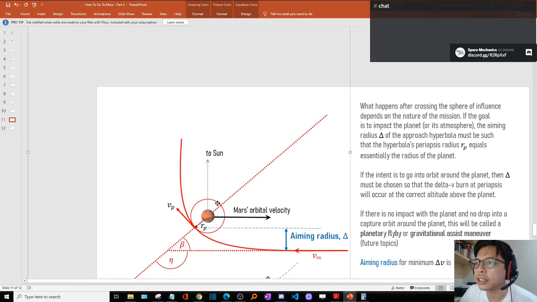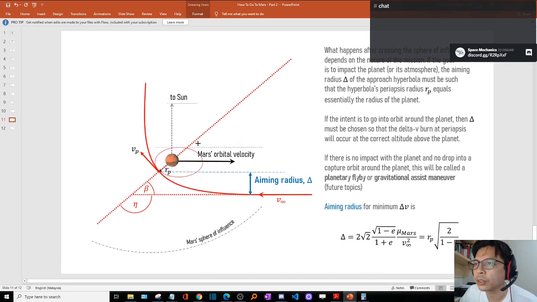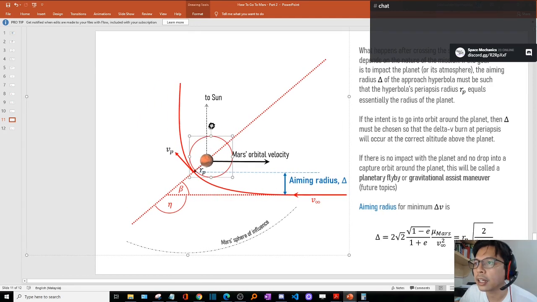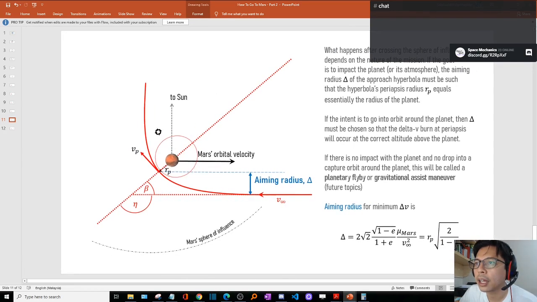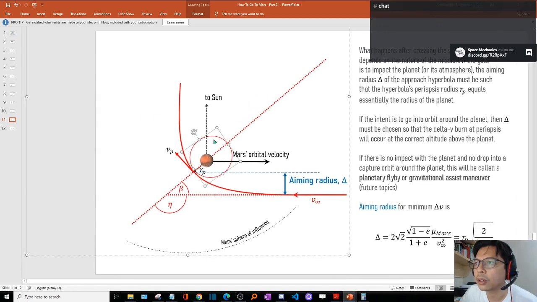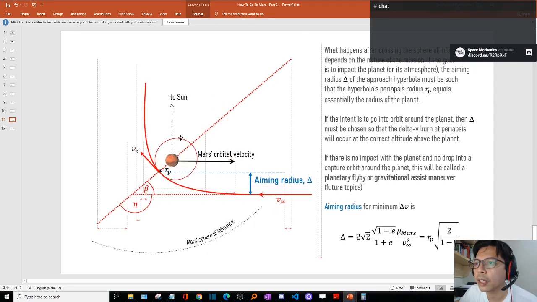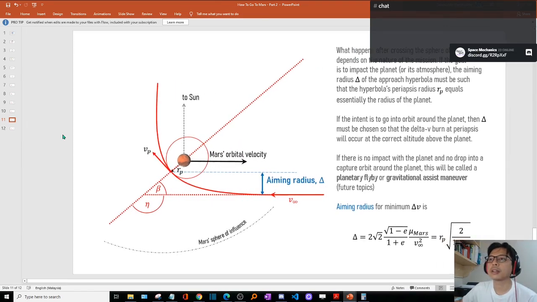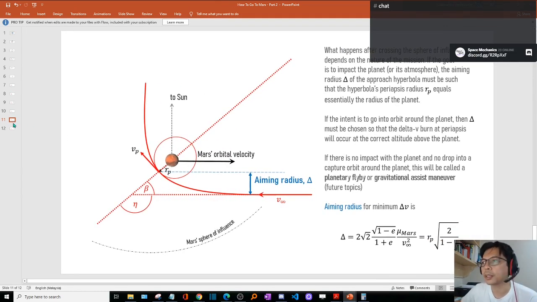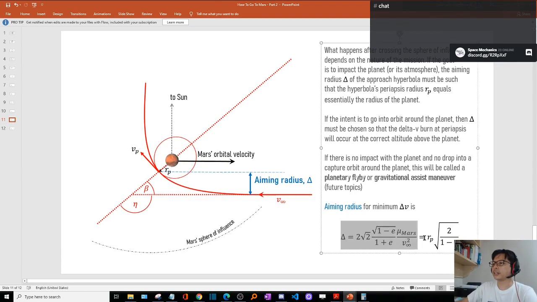Again, let me redraw this orbit so that you don't confuse that it's not necessarily a circular orbit. It could be an elliptical orbit as well, as long as the period. So aiming radius formula, plug and chug.